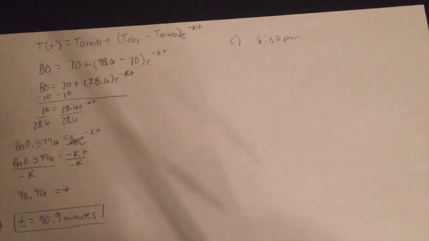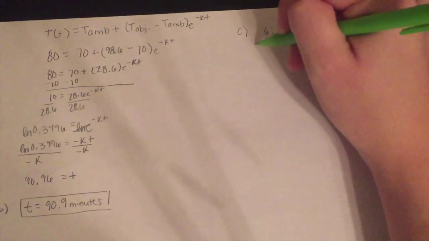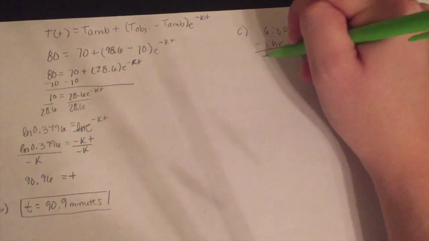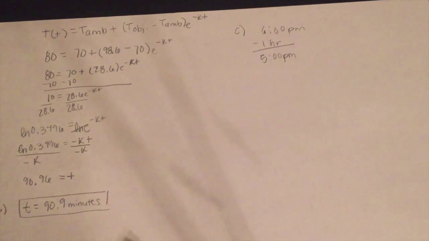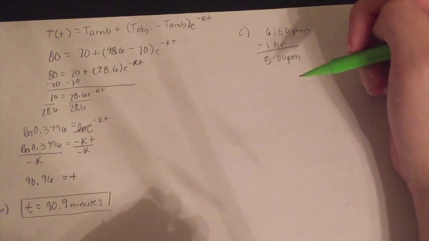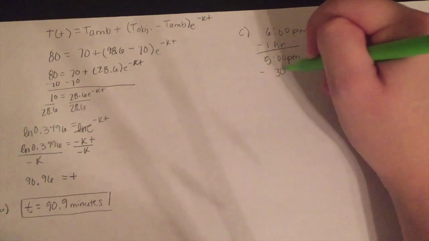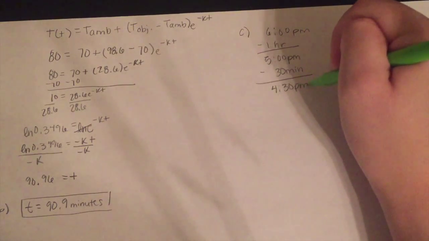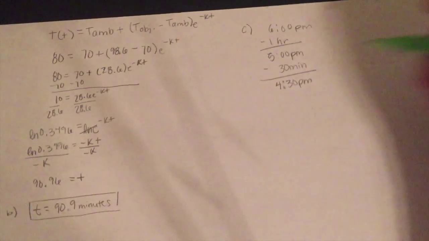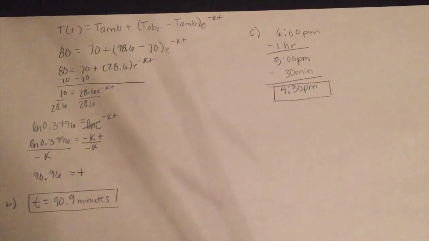And the time elapsed was about an hour and a half, so if we subtract an hour from this, it's going to be 5 o'clock. And then if we subtract another 30 minutes, it's going to be 4:30 p.m. So the approximate time that Mr. Fees was killed was 4:30 p.m.